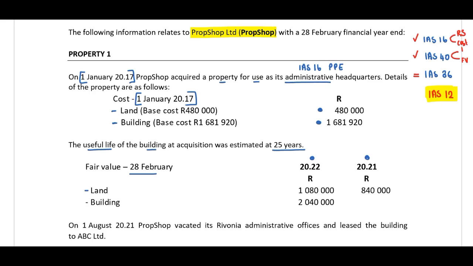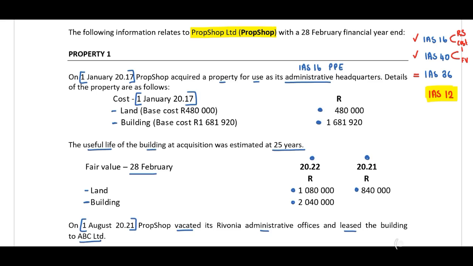Land 1,080,000 and 840,000. Building 2,040,000. On 1 August 2021, PropShop vacated its Rivonia administrative offices and leased the building to ABC Limited.